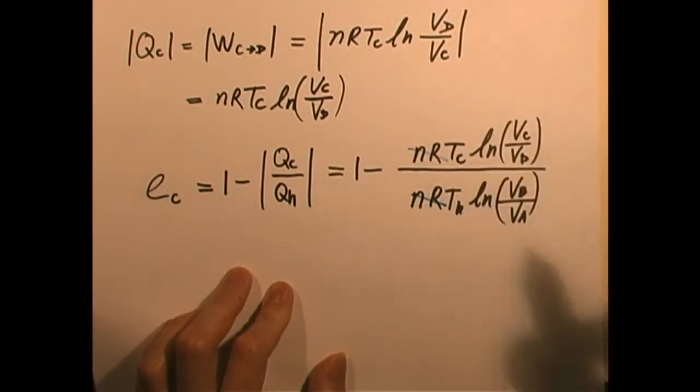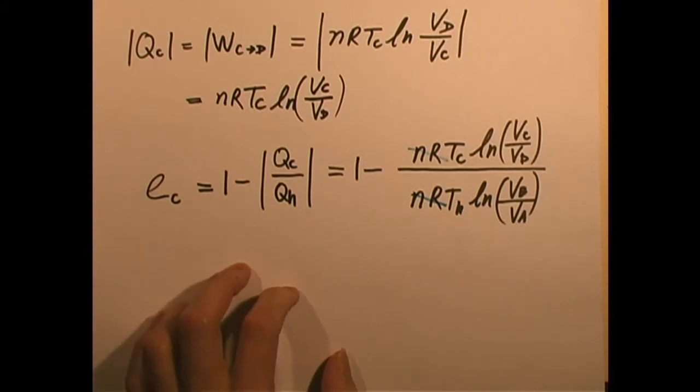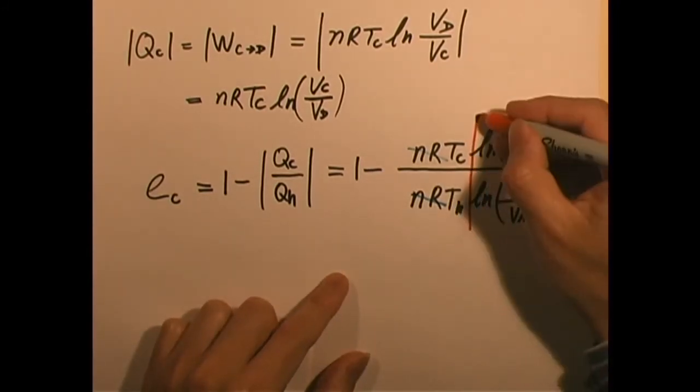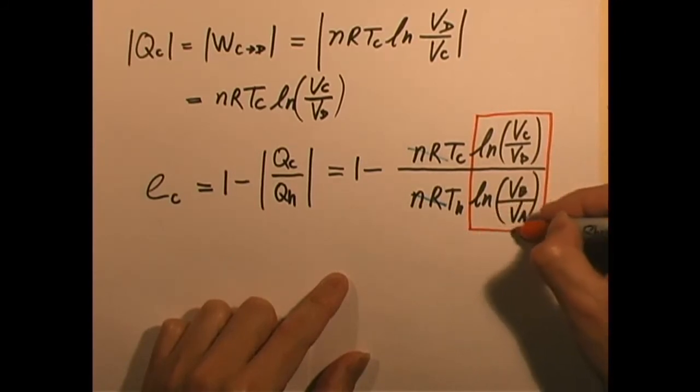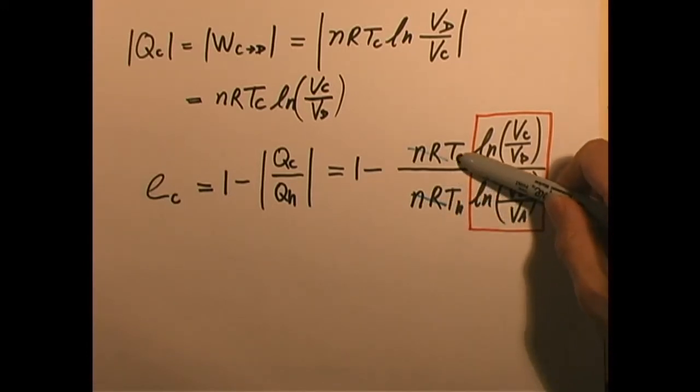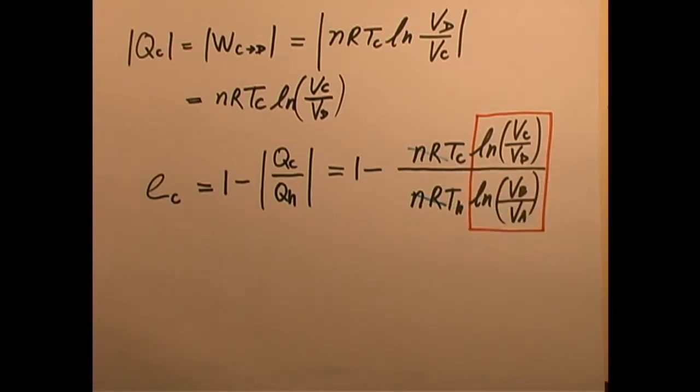But there is something about these natural logs that I don't like. What is it I don't like? Well, remember, the second law is a very general law, and it guarantees that any reversible engine operating between the same two temperatures, T cold and T hot, must have the same efficiency.